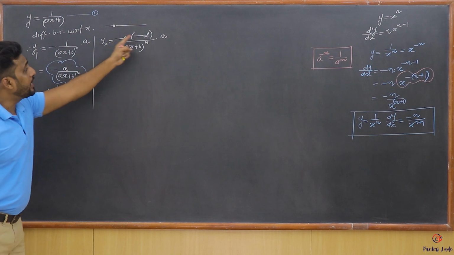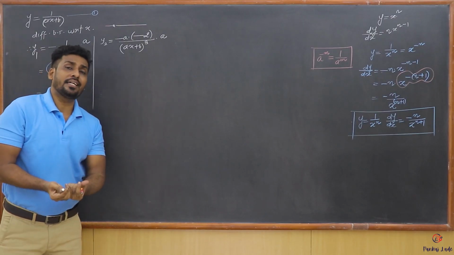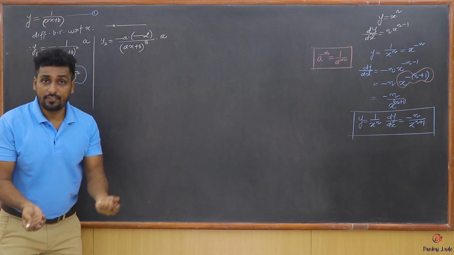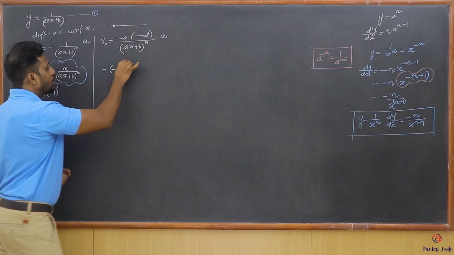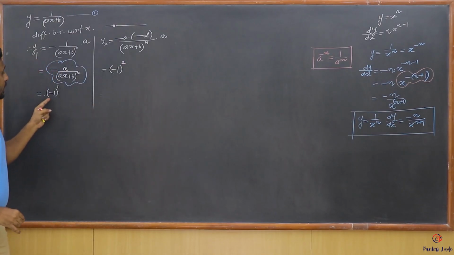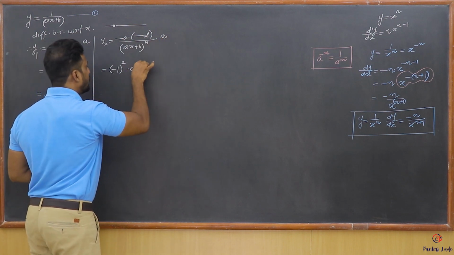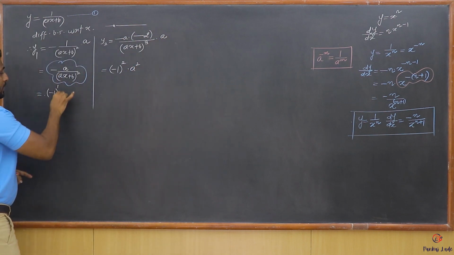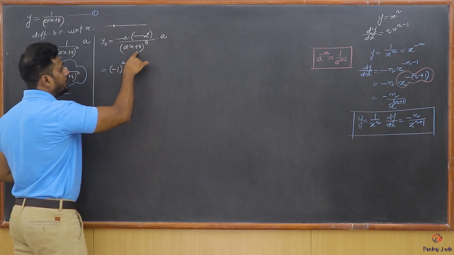Now look at this. How many negative signs have you got? You have got 2 negative signs. Now in general, one might think that negative into negative becomes positive. But instead of that, is it okay to write minus 1 square? That's why I've written here minus 1 raised to 1. Then observe a into a, that's a square. Here there is only one a, so I write into a. And then observe carefully, students, you have ax plus b raised to 3.